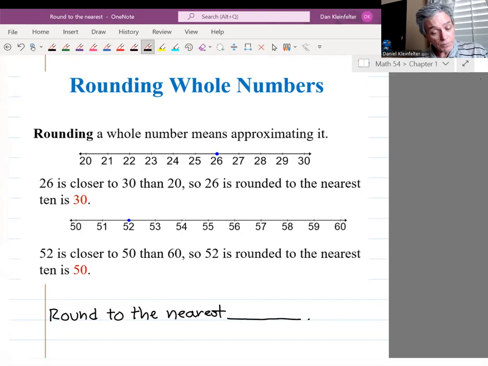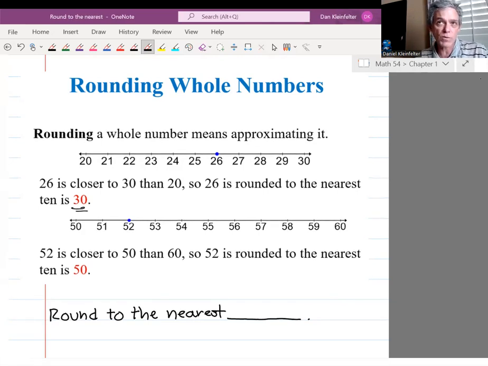So for example, we'll take 26. If we want to round 26 to the nearest 10, here up on the number line, you can see that there's a blue dot there. 26 is closer to 30 than it is to 20. Then rounded to the nearest 10, 26 is going to be 30.